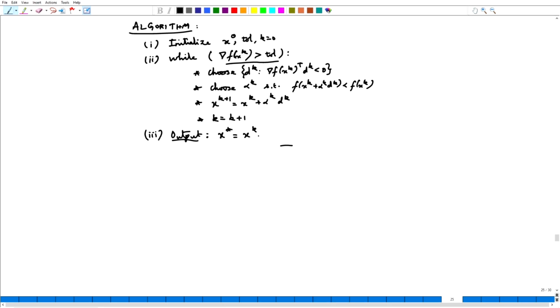Let us now try to understand how to choose the descent direction and the step size. We will start with the step size. It is nice to say that you just have to choose the descent direction and choose the step size.